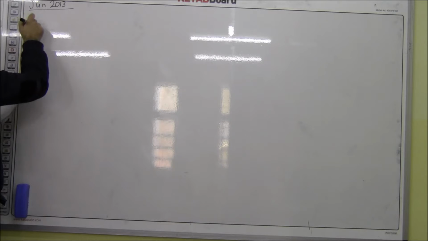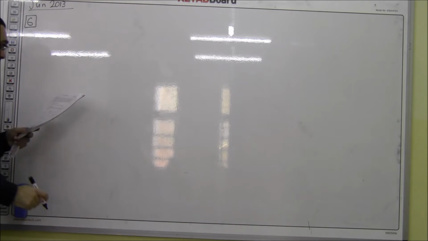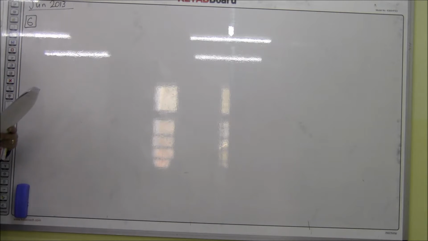June 2013, question 6. The beam AB has length 15, rests horizontally in equilibrium on two supports, P and Q, where AP is 2 and QB is 3.